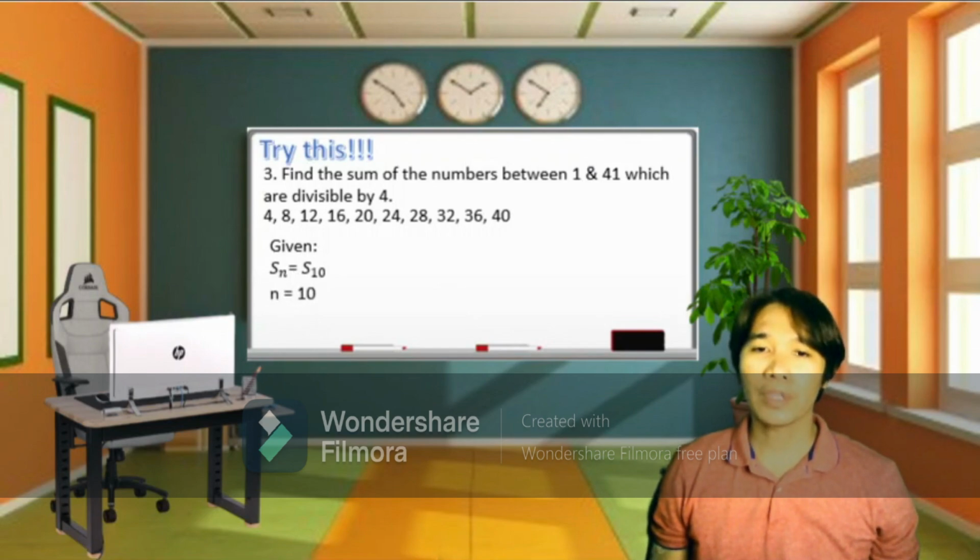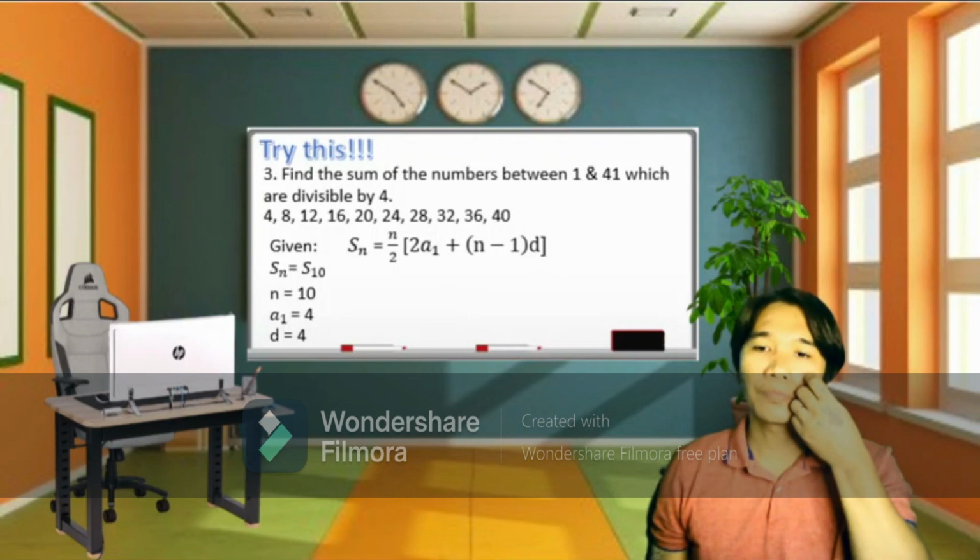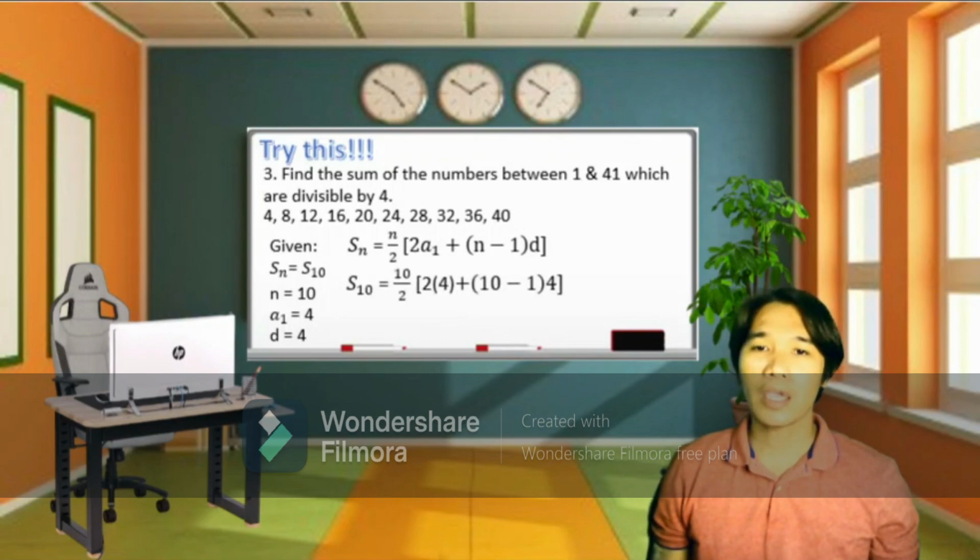Then we have n is equal to 10, a sub 1 is equal to 4, and d is equal to 4. Using the formula S sub n is equal to n over 2 multiplied by 2 times a sub 1 plus n minus 1 times d, and substituting the values, S sub 10 is equal to 10 divided by 2 times 2 times 4 plus 10 minus 1 times 4.